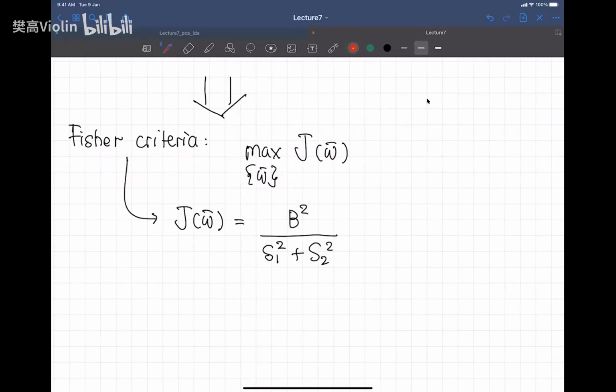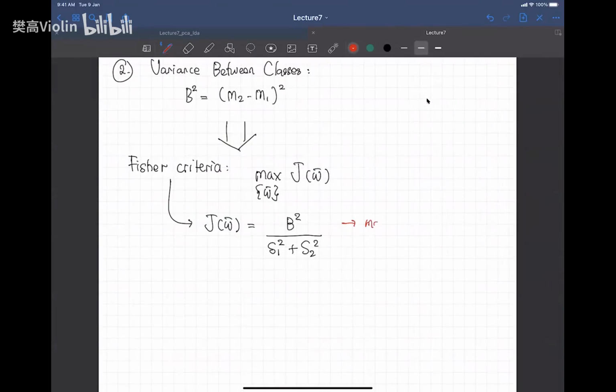So in other words, we want to maximize this one, and at the same time, we want to minimize this one in order to maximize J. All right, so this is very important. So this is the starting point of our discussion.